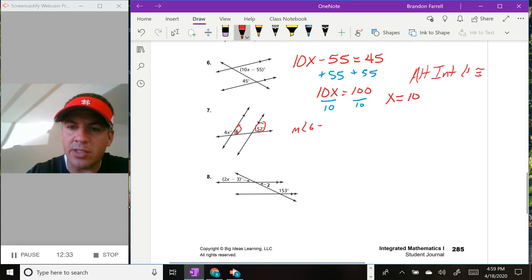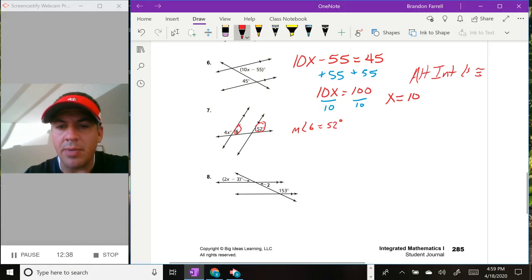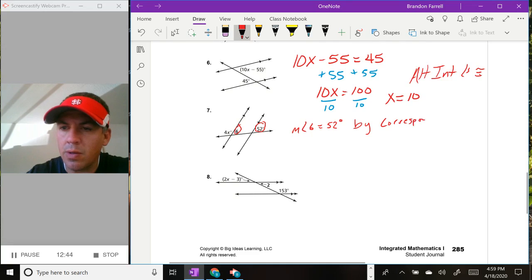The measure of angle 6 is also going to be equal to 52 degrees, because they're corresponding angles.